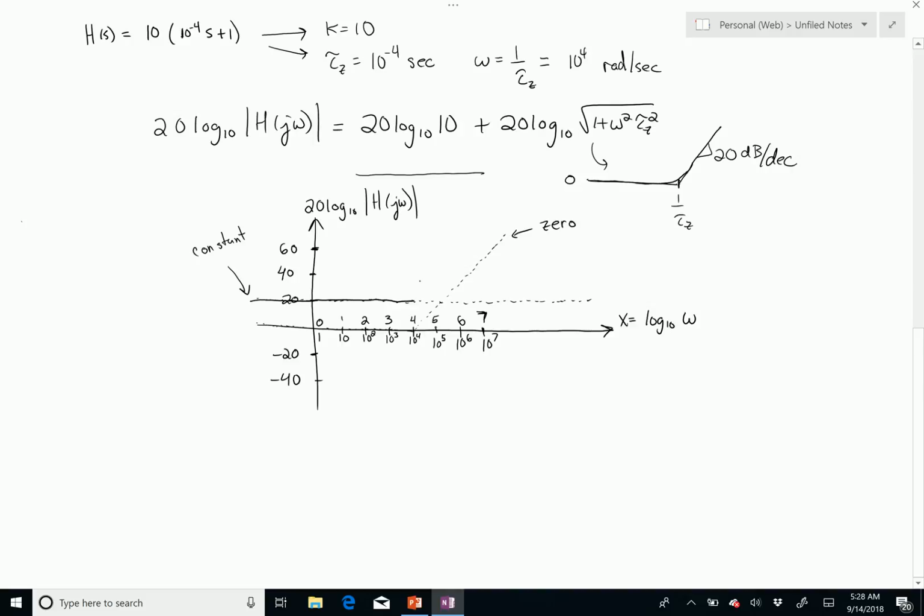Now by the time I get to 10 to the 5th, the 0 is contributing 20 dB. I'm a decade above 10 to the 4th, so the 0 is now contributing 20 dB, and the constant's contributing 20 dB. So that means at 10 to the 5th, I should be at 40 dB.